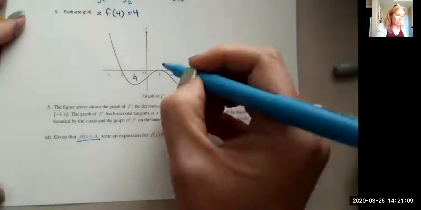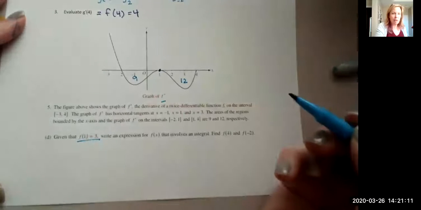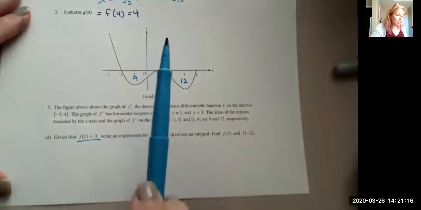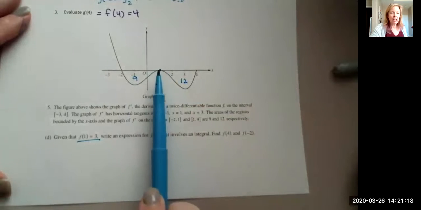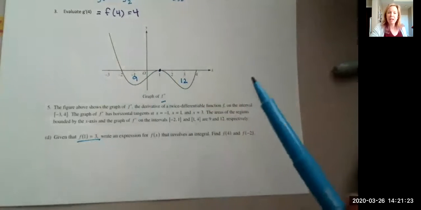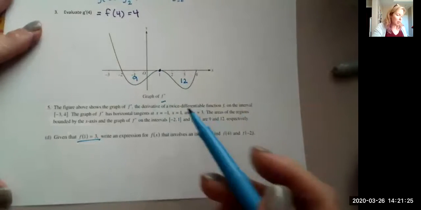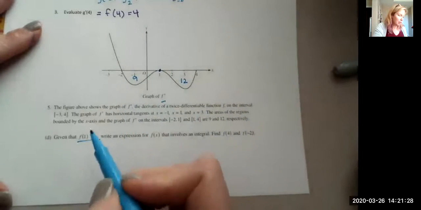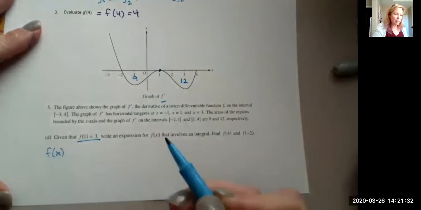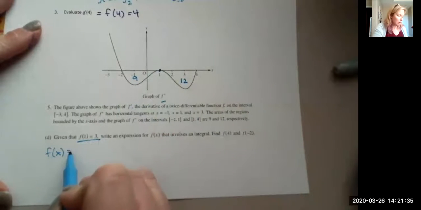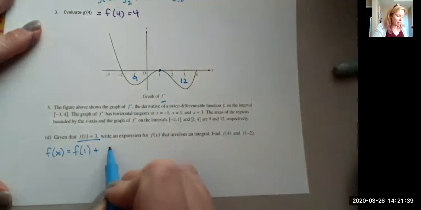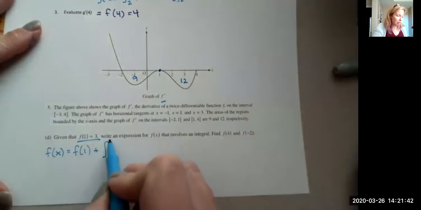That's an important point because that puts this point right here as kind of our anchor value. I know that the function f is equal to 3 here, and I can figure out all the other values just by adding or subtracting whatever area has accumulated. So I could rewrite this equation kind of how we started with an integral before: any particular value of x that f takes on is going to be equal to the value that it takes on at 1 plus the area from 1 to x.